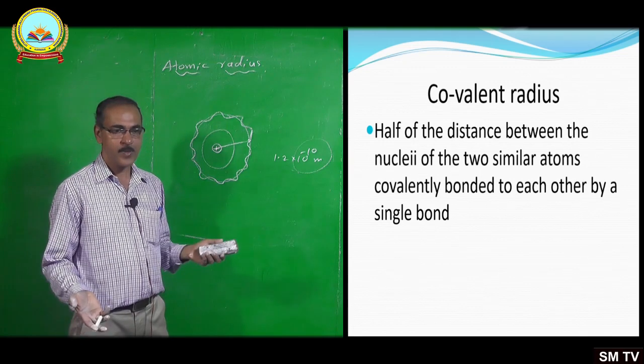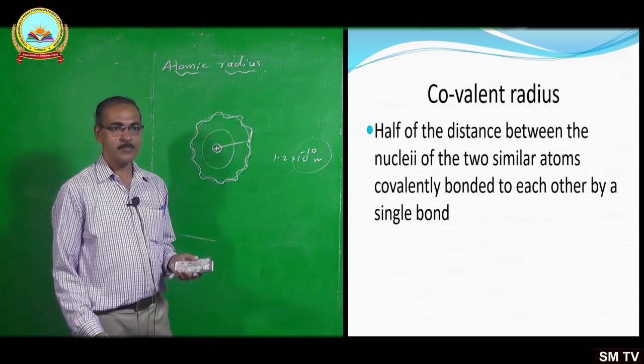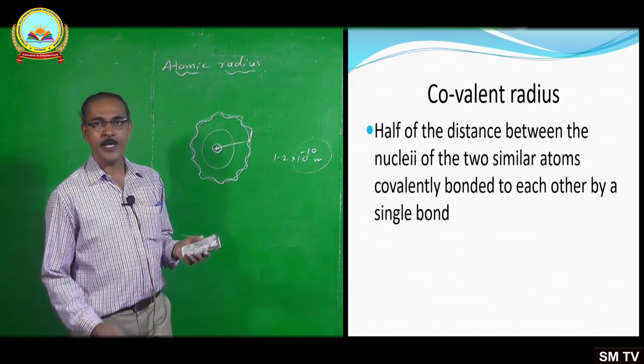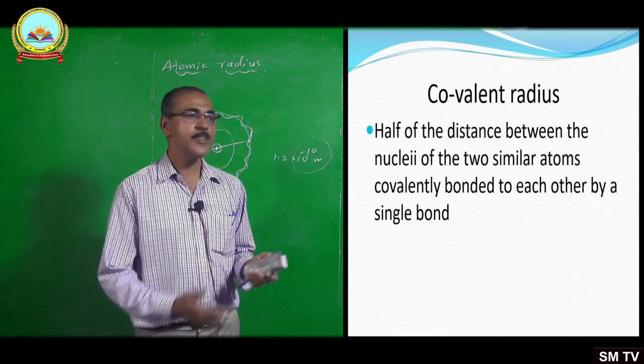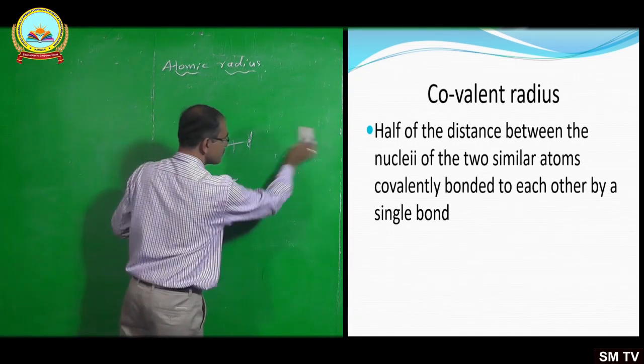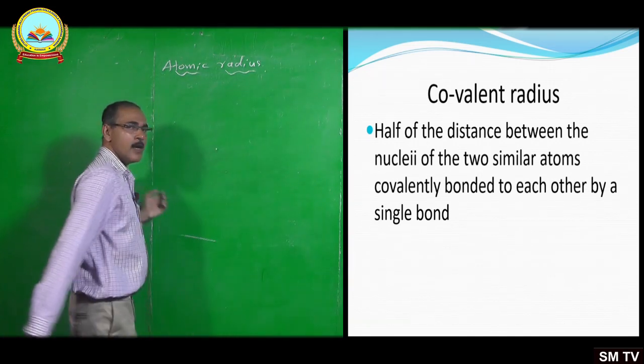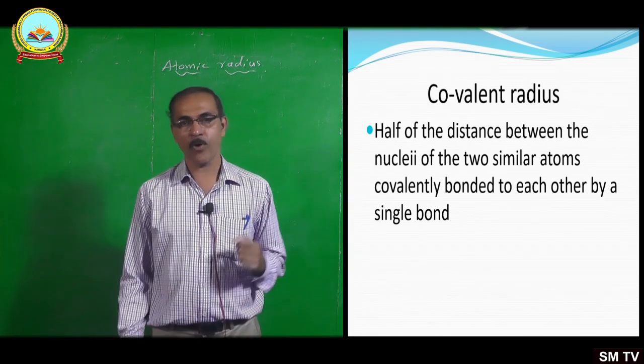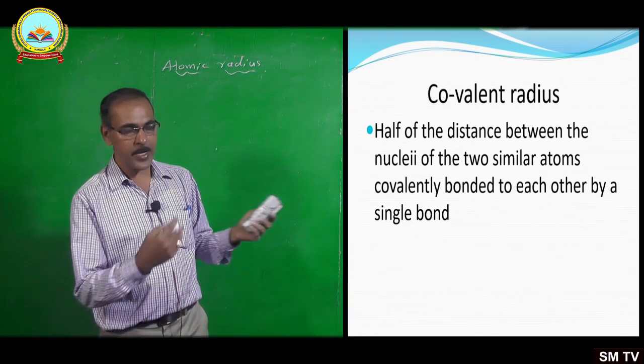Then what? We can find out the radius of the atom in the bonded state. If there is a covalent bond, we can find out the covalent radius. If there is an ionic bond, we can find out the ionic radius.